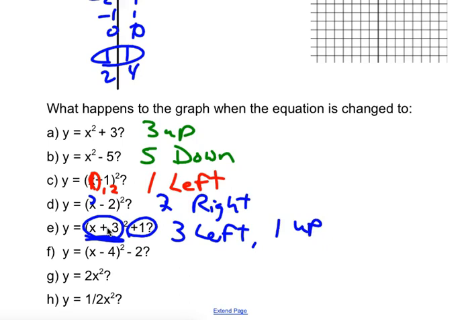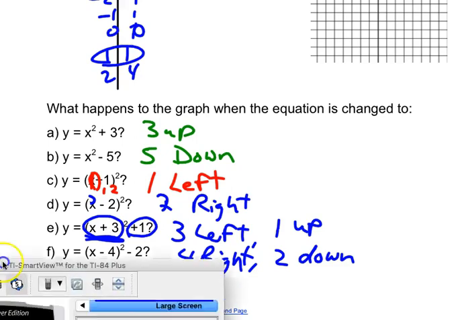What do you think f would be? It says x minus 4. It's the opposite, so we want to go 4 right. And then minus 2, that's not in with the x, so that's a straightforward 2 down. And again, you can plug that in your calculator and verify, plug that straight in there, and compare it to y equals x squared.